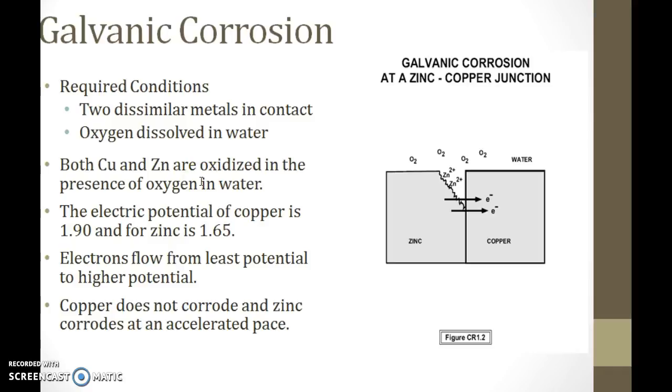In this case, the required conditions are two dissimilar metals in contact and oxygen dissolved in water. What happens when two different materials, for example copper and zinc, are in the presence of oxygen in water? When you look at the electrode potential, copper is 1.90 and zinc is 1.65. Electrons flow from lower potential to higher potential. Obviously, copper does not corrode and zinc corrodes at an accelerated pace.